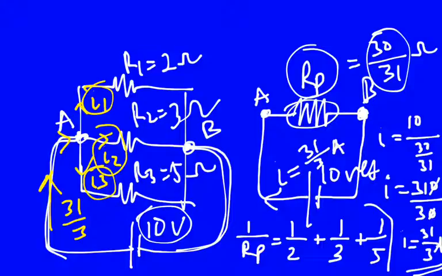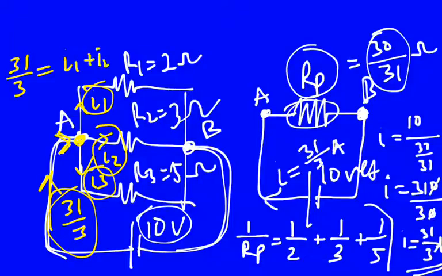Okay, so look, this current here, 31 over 3, gets into this point, and from that point we have I1, I2 and I3 coming out. So it's the same as I1 plus I2 plus I3 according to Kirchhoff's law. So now let's get the currents I1, I2 and I3, okay?